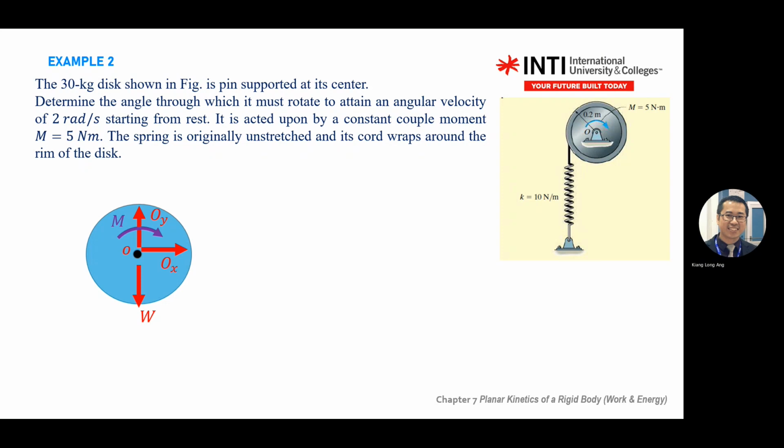Left side here? Go up. Why go up? You imagine you're the disc. You rotate the moment clockwise.